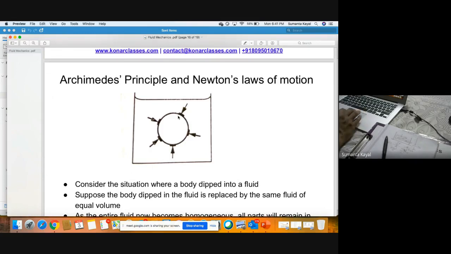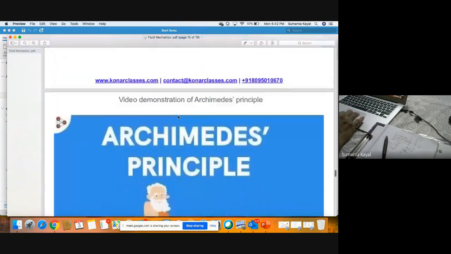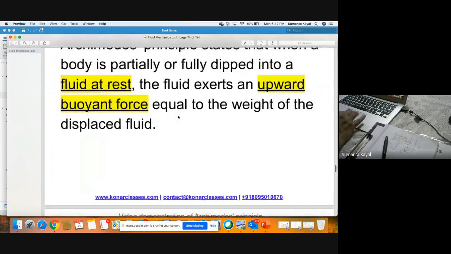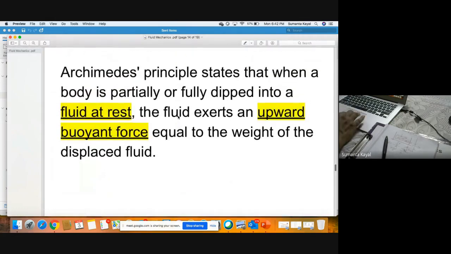You have seen that if we take a bucket of water and a plastic ball, and we try to force the ball inside the liquid, we see an upward force. That is exactly what Archimedes said. Archimedes went one step ahead and gave the mathematical expression, and that is very much required in our exam and in our understanding. Unless there is a mathematical expression, it is very difficult to make others understand, and for ourselves also.